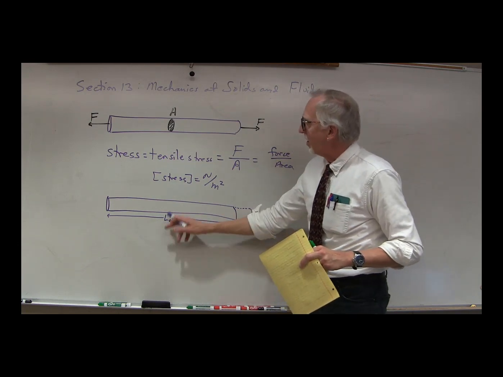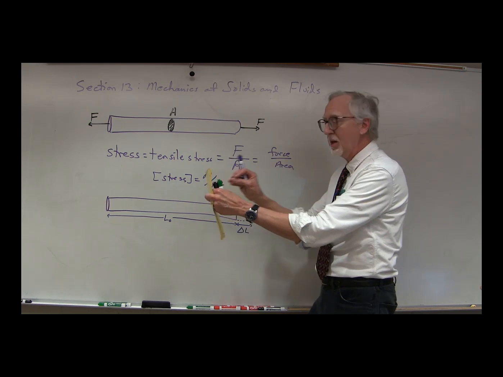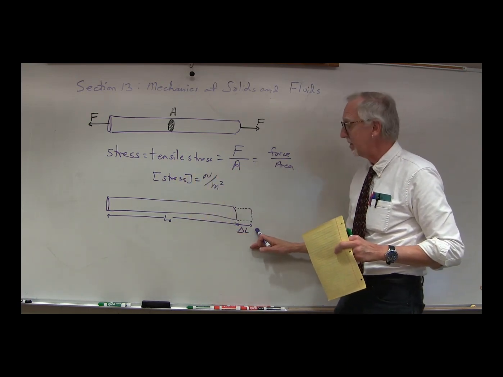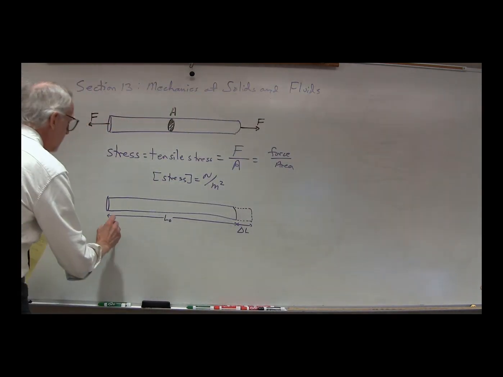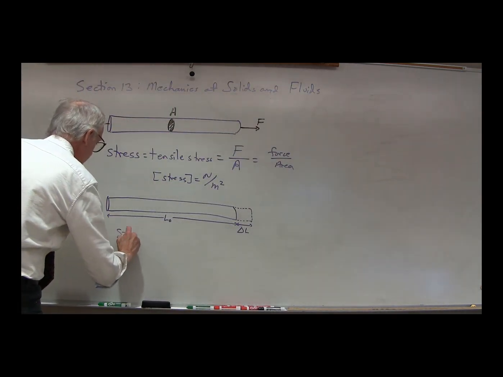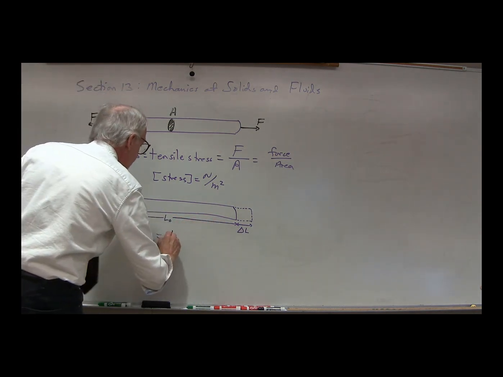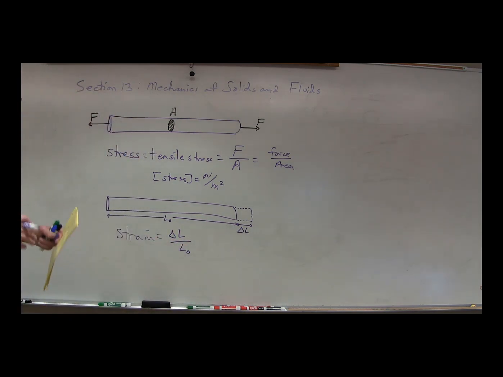Let's imagine that we start out with the initial length of our rod with no stress as L0, but when we apply the stress, it stretches an additional distance, delta L. We will then define the strain as the ratio of the change in the length, delta L, over the initial length, L0.